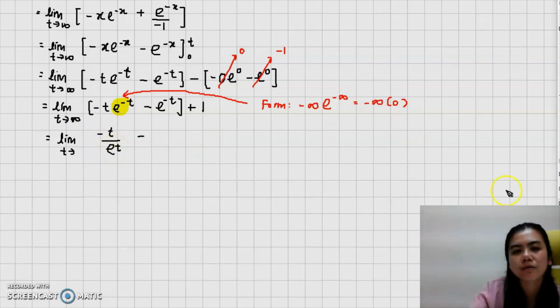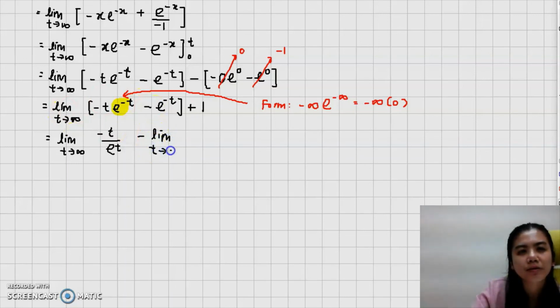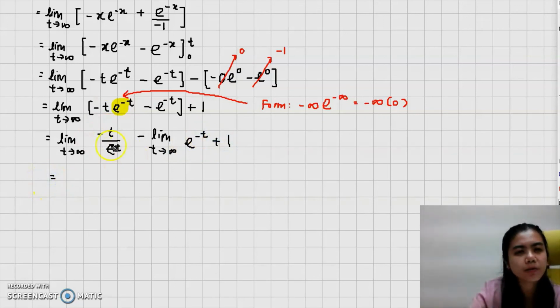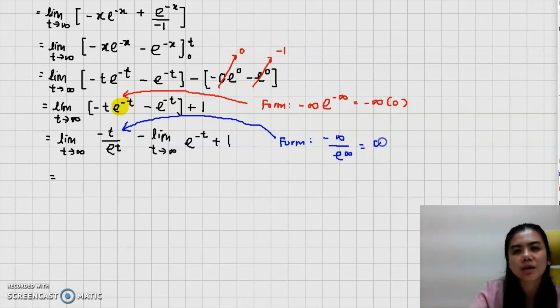I have the limit, and I give it to the exponent, so we have e minus t plus 1. What happens if you do it this way? Basically this is in the form of negative infinity over e infinity, which is actually infinity over infinity. That is the form that you can apply L'Hopital, so you can apply L'Hopital here.